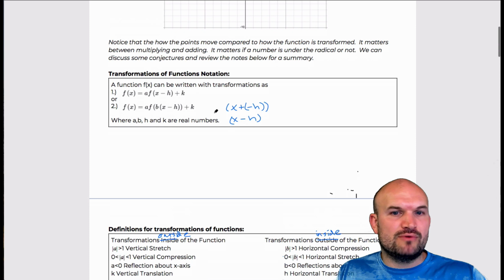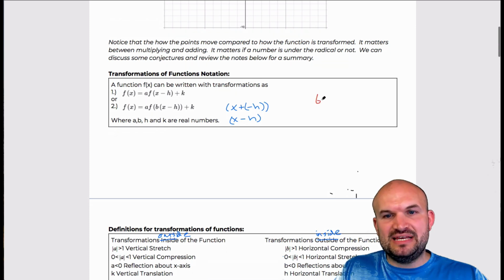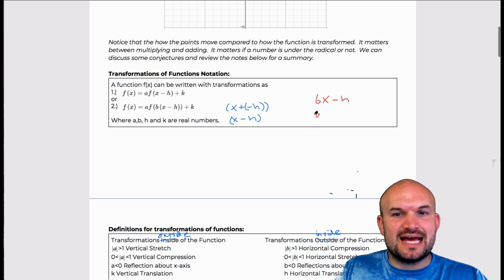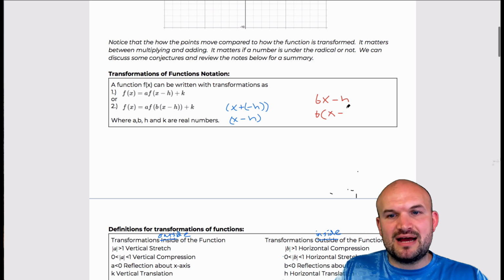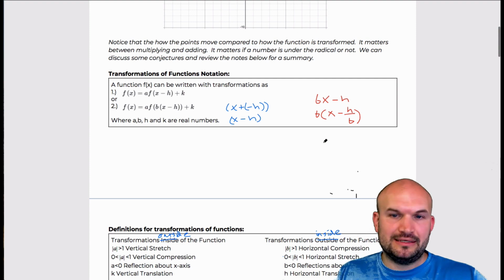That's the right way that we're going to want to represent this. We don't want to represent this as b times x minus h. We want to make sure that we factor this b out, so it's x minus h over b. That's very important for us understanding the correct values of the b.